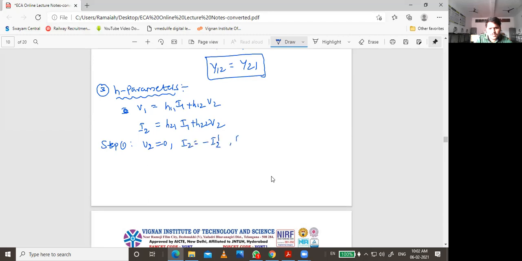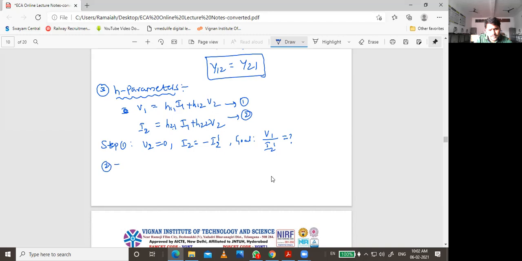So the goal is to find V1 by I2 dash. Let us say this is equation number 1 and this is equation number 2.